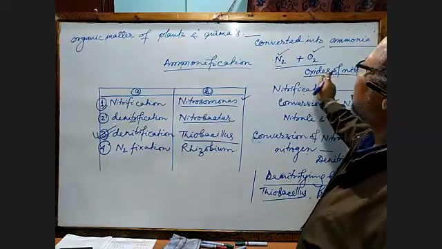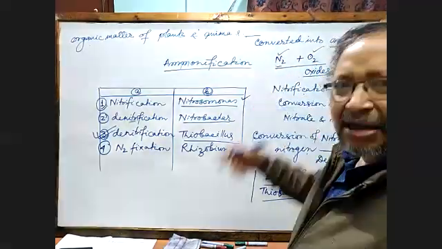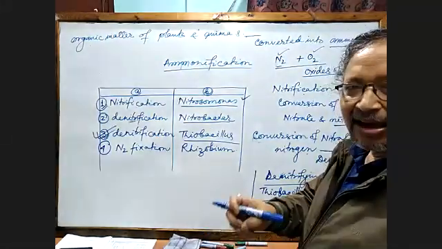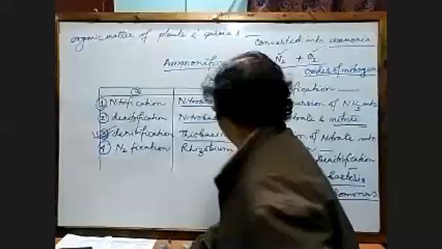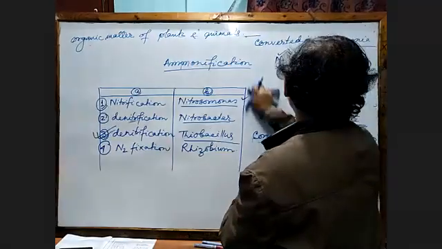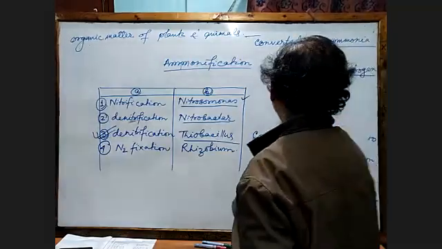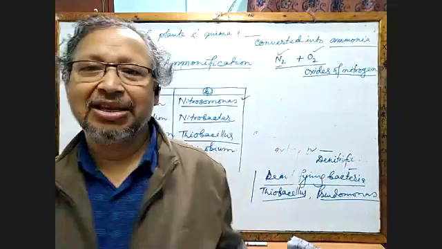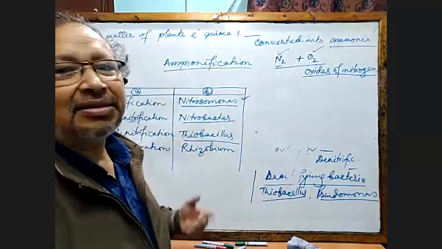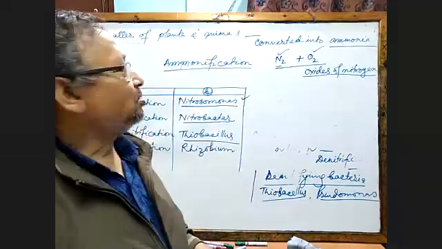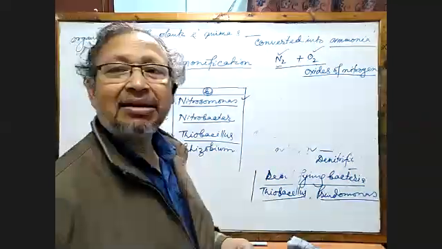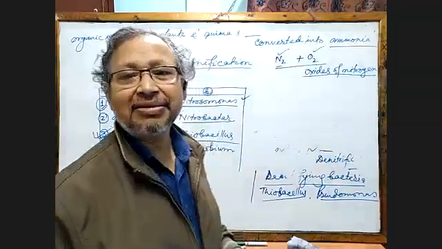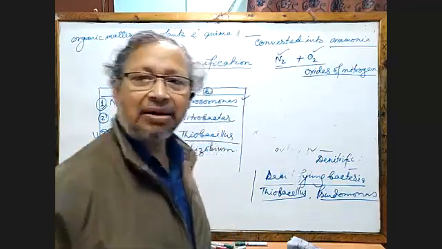These oxides of nitrogen get dissolved in water and form nitrous acid and nitric acid. This nitric acid and nitrous acid come to the ground in the soil, and then are gradually converted into nitrate and nitrite, which are absorbed by the plant.